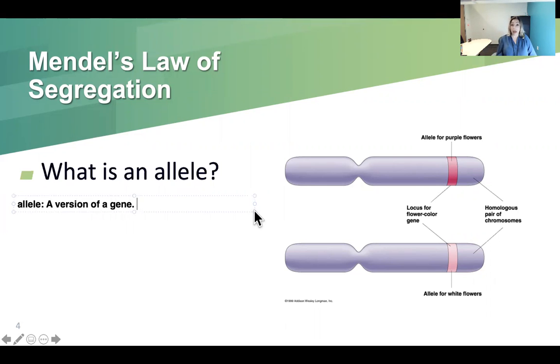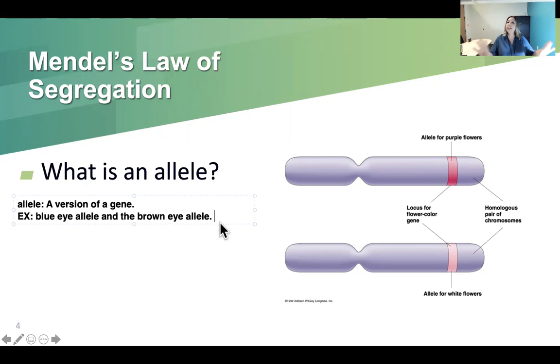I've been using eye color in a lot of my examples, so I will continue with that for now. An example of alleles would be the blue eye allele and the brown eye allele, okay?